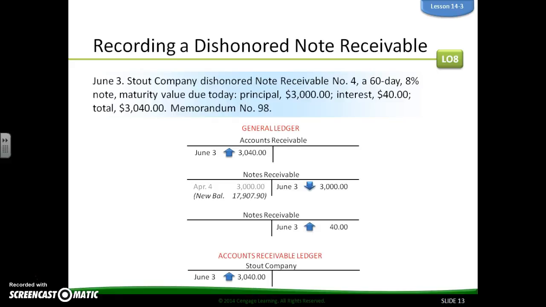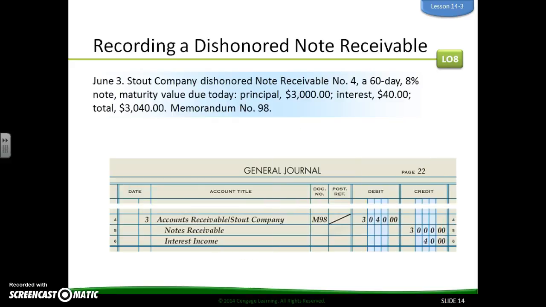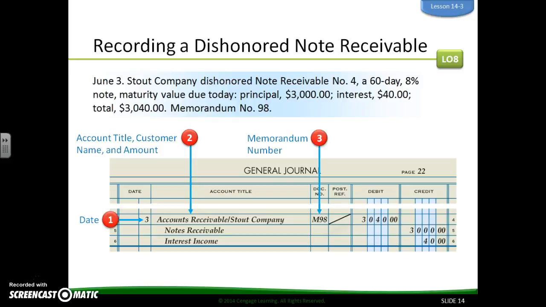So you can see in the accounts receivable ledger for Stout Company, we're going to go back and debit the account receivable to show, hey, they didn't pay our promissory note, so they still owe us that money. All right, in the general journal, on June 3rd, we're going to see the accounts receivable for Stout Company, according to memo number 98, is going to be debited for the $3,040.